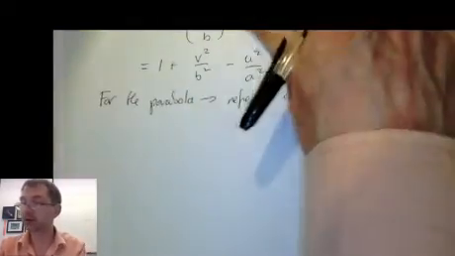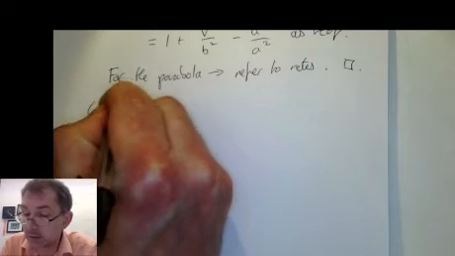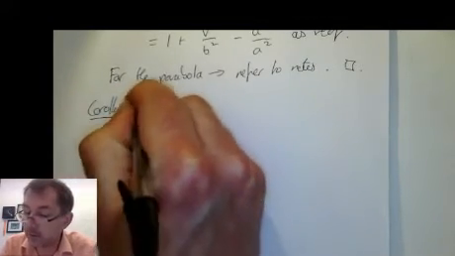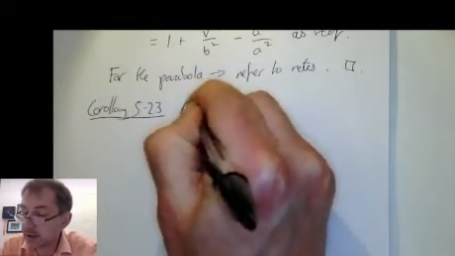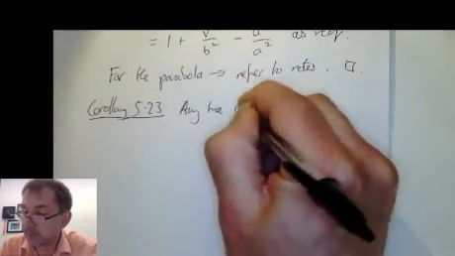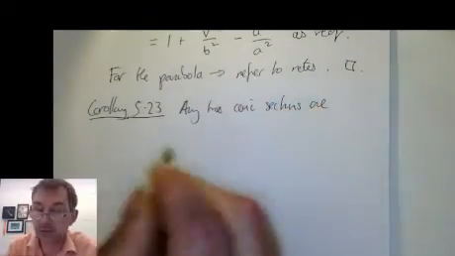Right, so let's write down an easy corollary, 5.2.3. Any two conic sections are projectively equivalent.